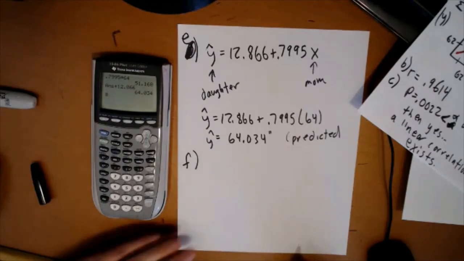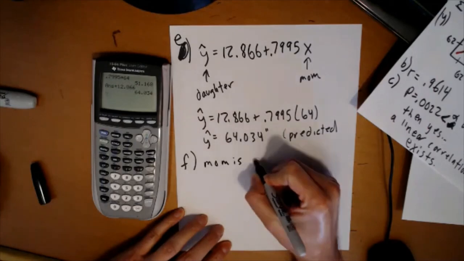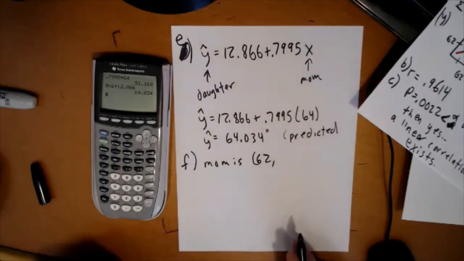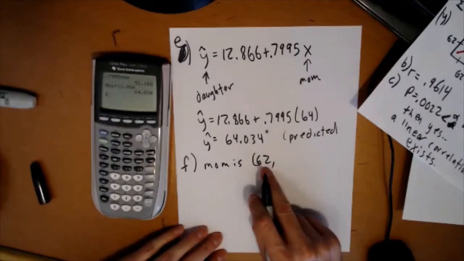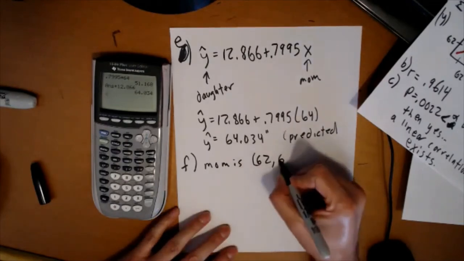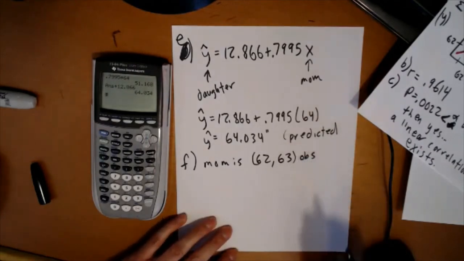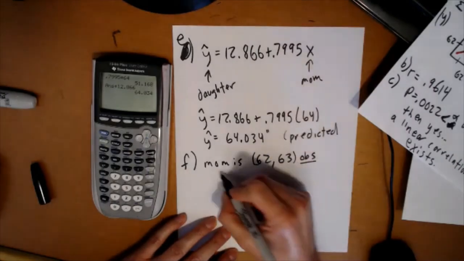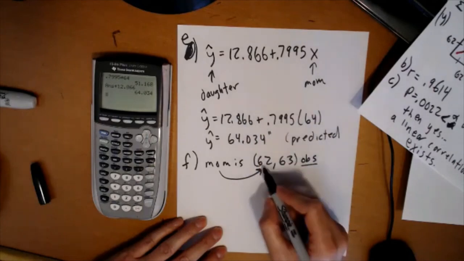So when mom is 62, we should have a data point. If they're asking for the residual, then there has to be a piece of data where the mom is 62. And it turns out if mom is 62, the daughter is 63. Okay. So this is our observation. Now this is, mom is that one, right?